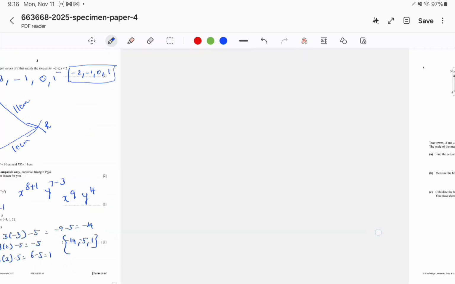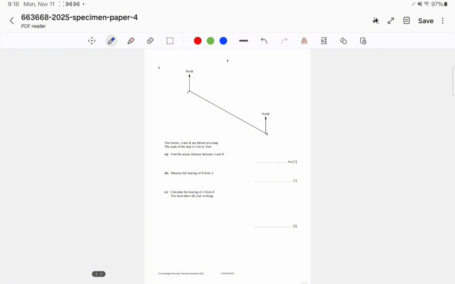Next question, the fifth question. The two towns A and B are shown on the map. The scale of the map is 1 centimeter equal to 3 kilometers. Find the actual distance between A and B. When we measure, A to B comes around 11 centimeters approximately.